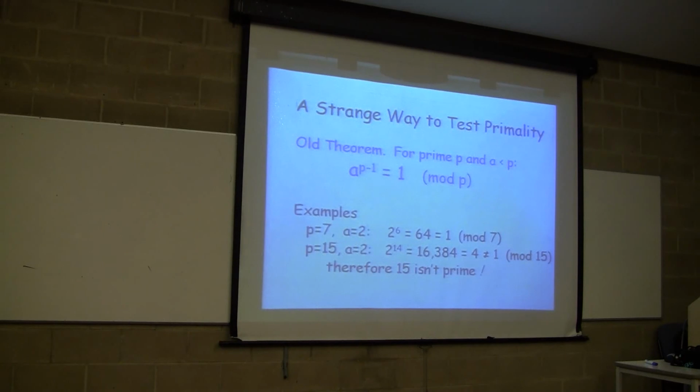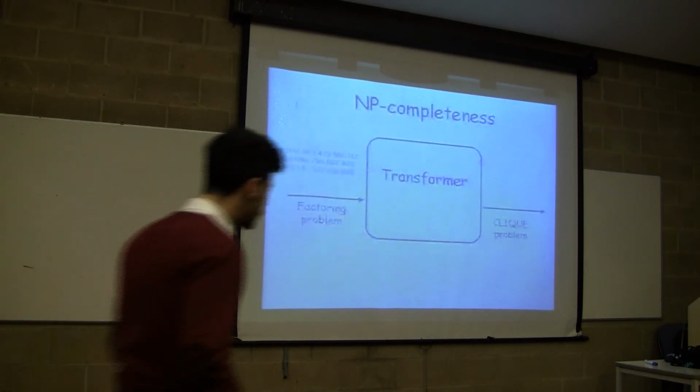Initially it was a randomized algorithm, and since then, with lots of additional ideas, it's been made into a deterministic algorithm. Now we know that the problem of testing whether a number is prime can be solved quickly in polynomial time. So searching can be eliminated.